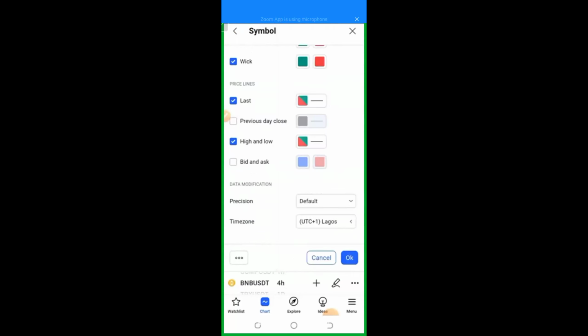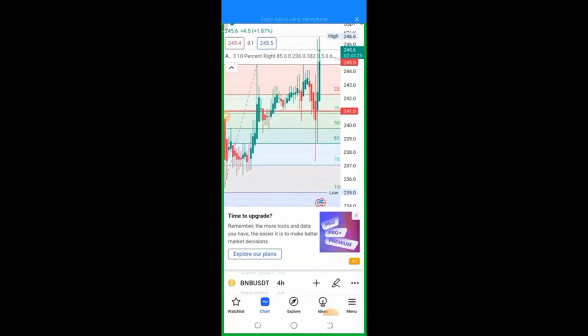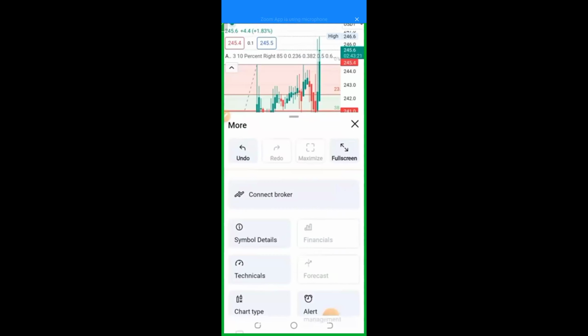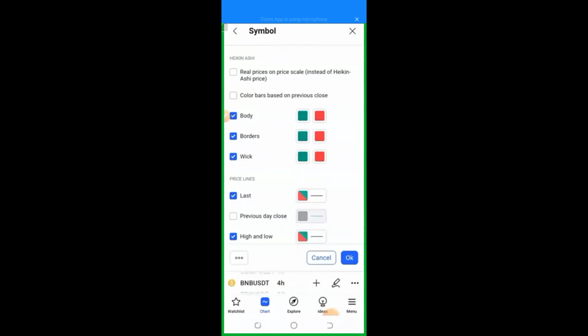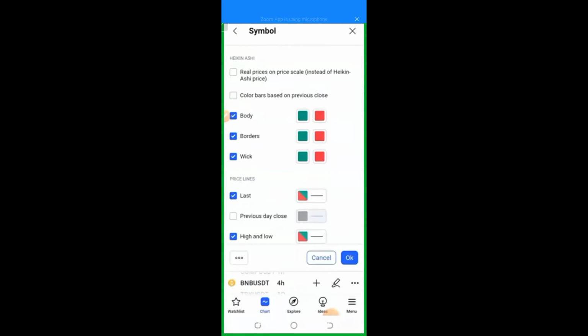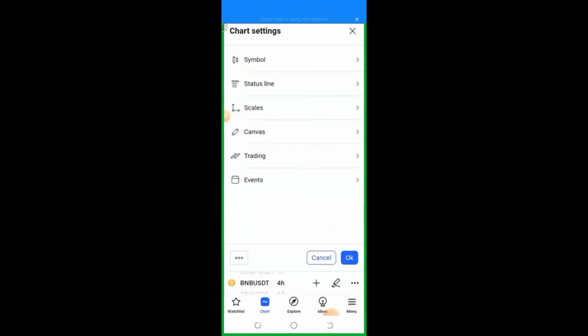So I already selected my own time zone. This is my own time zone. So that's where to save. Click OK. So that's how to change your time zone. Let me do it again. You click that place. Go to chart types. On symbol, just scroll down. Let me check something. Sometimes it might show all this.